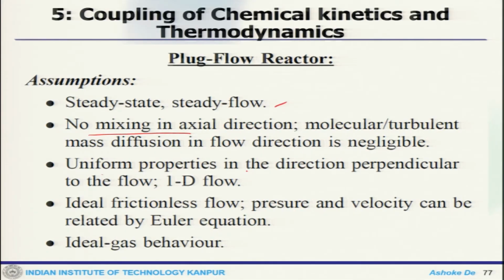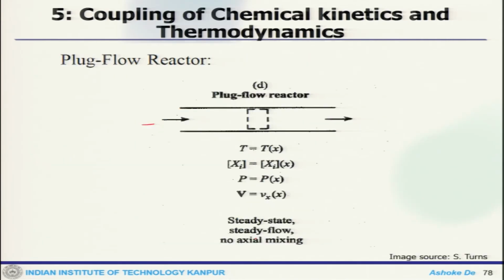Properties are uniform in the direction perpendicular to the flow, which essentially means one dimensional, ideal, frictionless flow. So, pressure and velocity can be related by the Euler equation, and it follows ideal gas behavior. So, that is the schematic of the system.